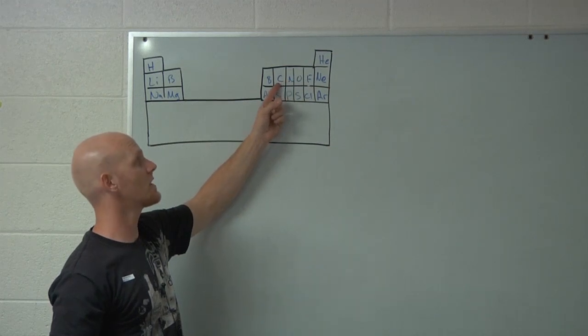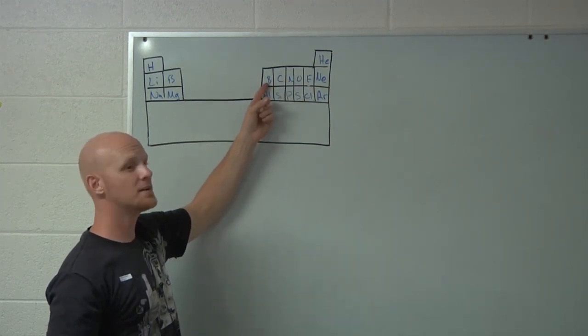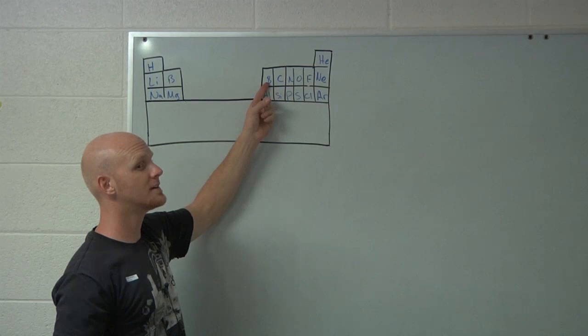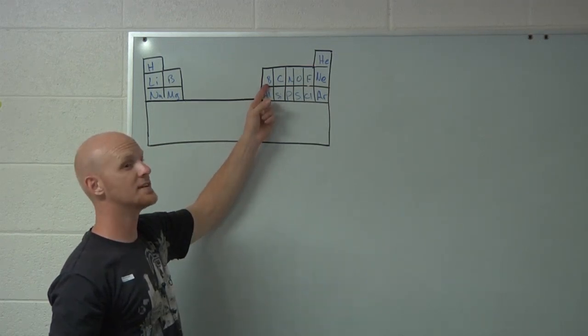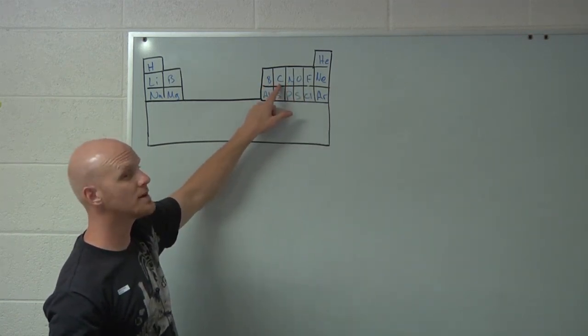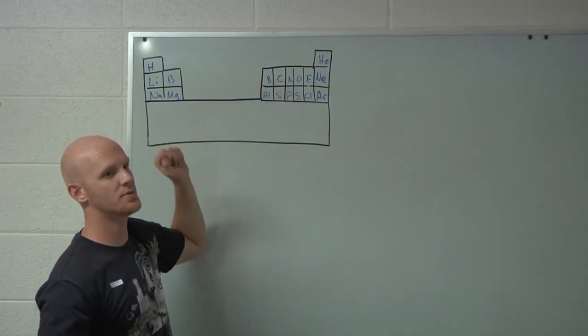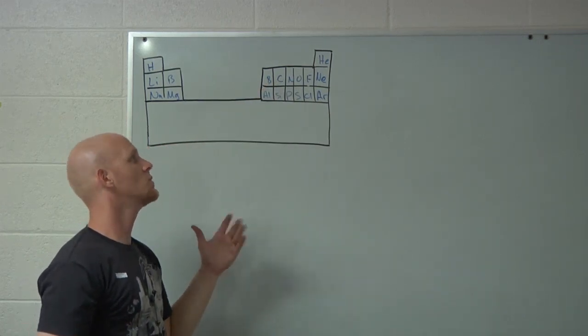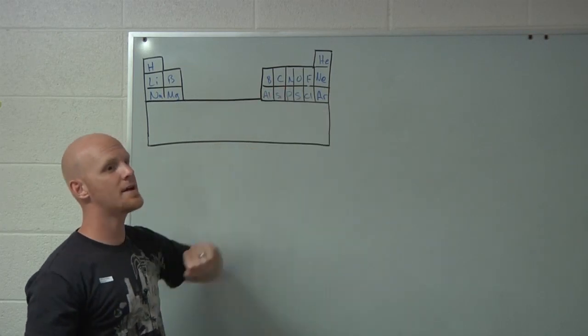So he typically makes 3 bonds. Carbon? 4. Boron? Careful. How many electrons does boron want? Not a filled octet. So how many more does boron really need to get to a total of 6? 3 more. And so it goes from 1 bond, 2 bonds, 3 bonds, 4 bonds, back down to 3 bonds for boron. So you want to put the guy in the middle who can make the most bonds.